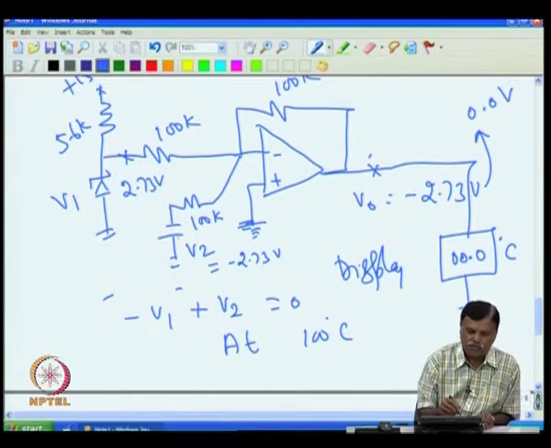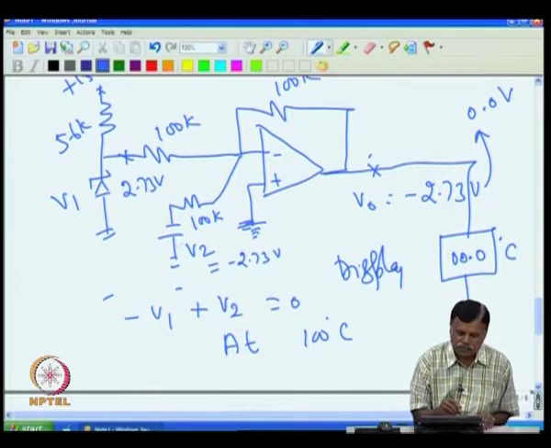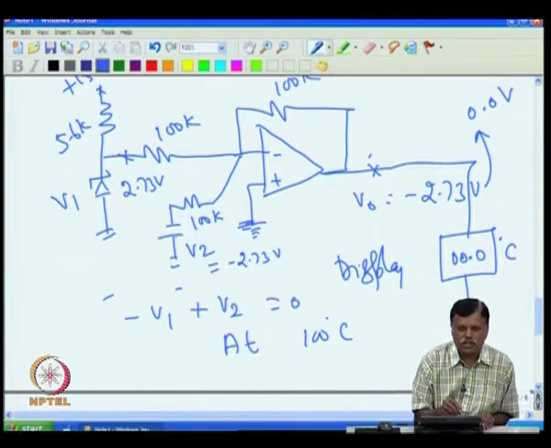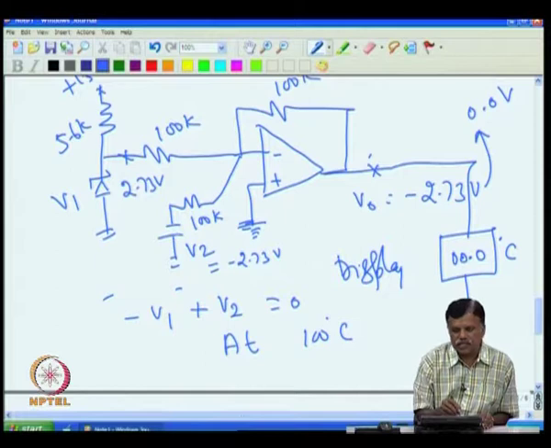If it is a stable voltage source, we have to connect a Zener diode only. So, if I have a Zener diode of 2.73 volt, then the issue is very simple. I can connect the Zener and the work is done. But unfortunately, in reality you do not get a Zener of 2.73 volt.